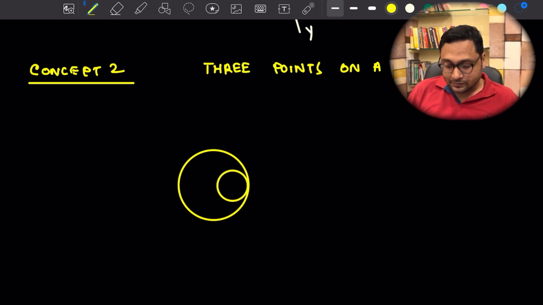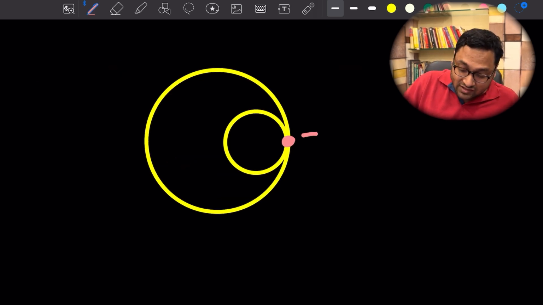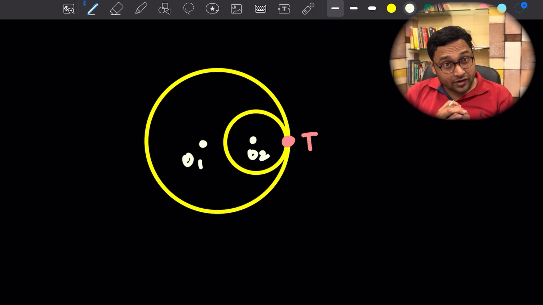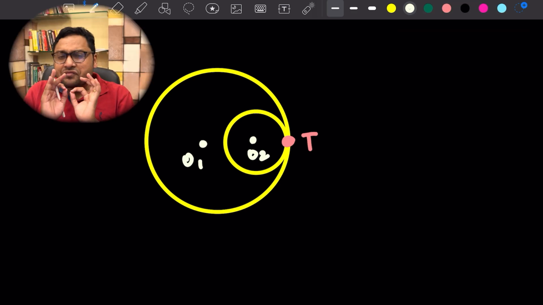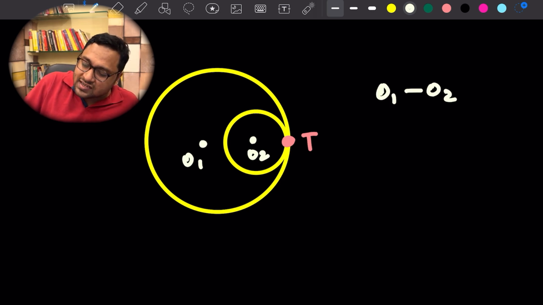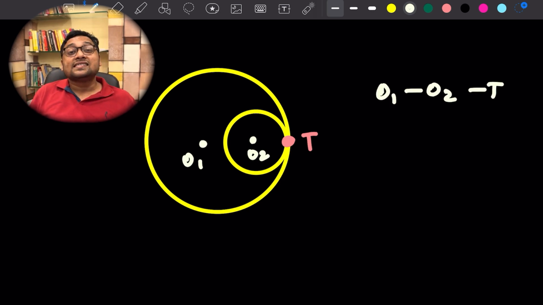Tangent to it. Work with this point of tangency T and the two centers, so O1 and O2. O1 is the center of the bigger circle. O2 is the center of the smaller circle. T is the point of tangency. Something very nice happens. O1, O2, T are on the same straight line.